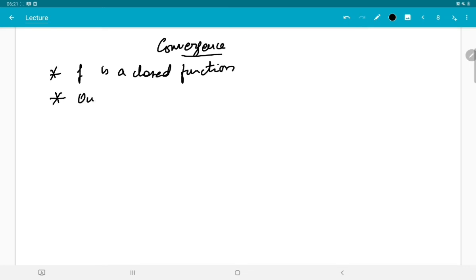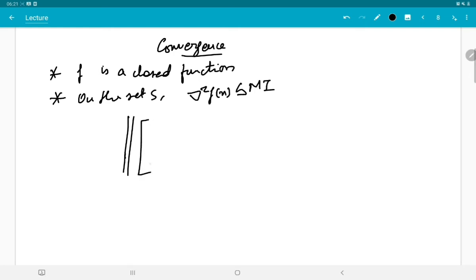The second assumption is that on the set S, the Hessian is upper bounded, and the second norm of this matrix is upper bounded by k.